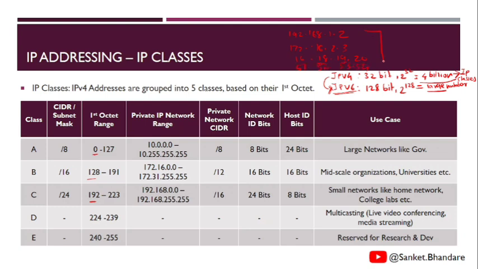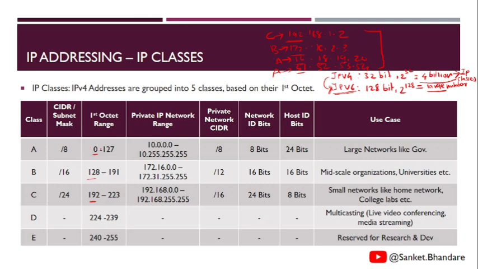So these are the random IPs I have written, and based on this first octet, you can identify the class of these IPs. So this is the IP from a class C network. This is the IP address from a class B network. This is the IP address of a class A network. This is the IP of a class A network. So these are the classes based on which you can easily identify.